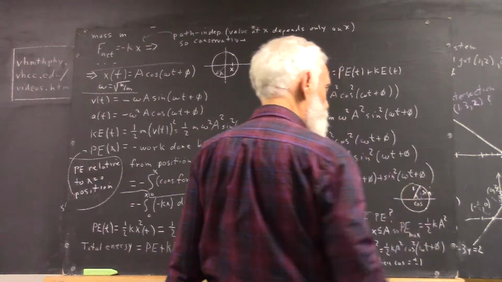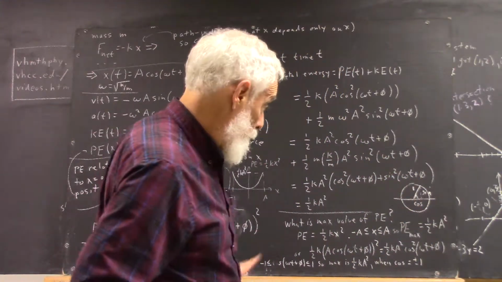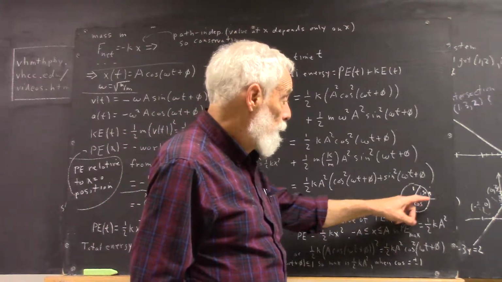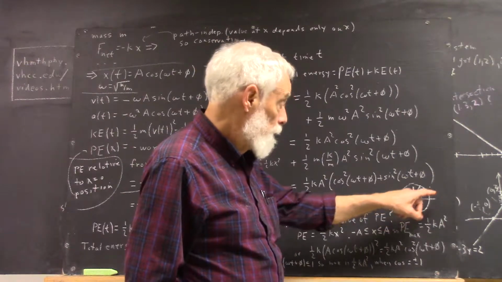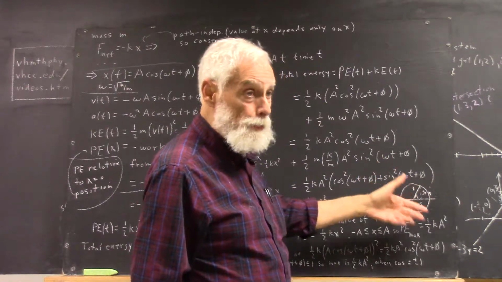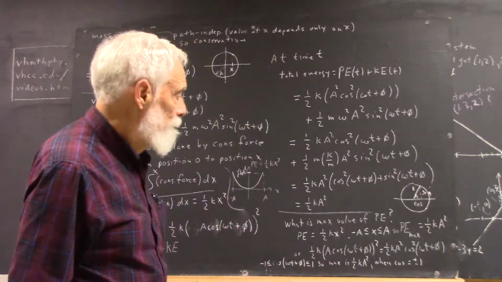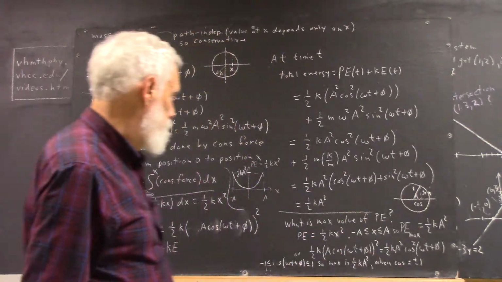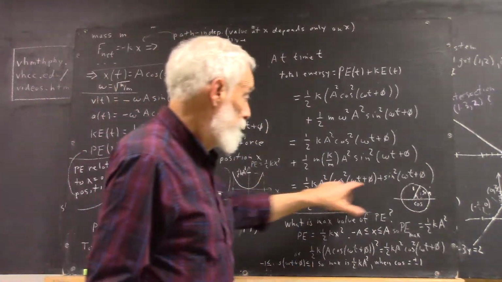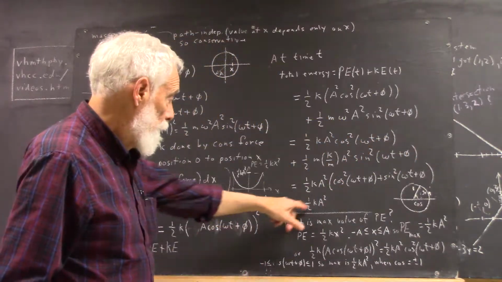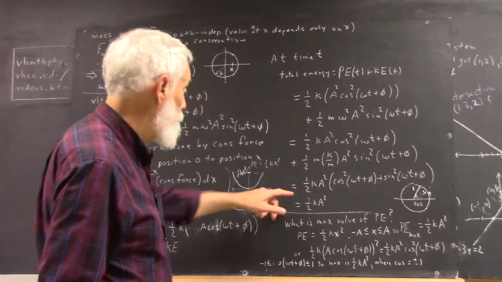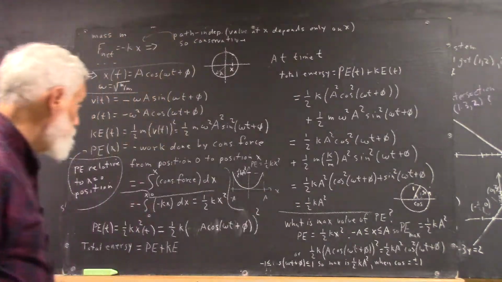And the hypotenuse is 1. Well, then by the Pythagorean theorem, this squared plus this squared equals this squared. So the cosine squared plus the sine squared is 1 squared, which is just 1, as long as you have the same angle here, okay? So we just invoke all that, and this simplifies to 1/2 Ka squared, and this is an expression for your total energy.